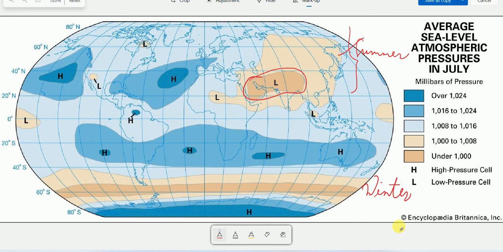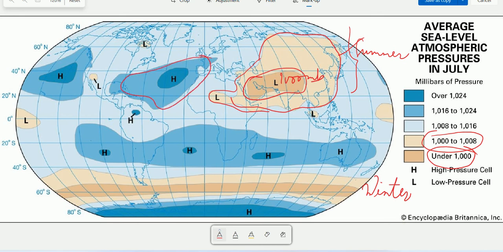So here the pressure condition is under 1000 millibar. And again it is surrounded by another low pressure condition ranging between 1000 to 1008 over Africa also, including India. Then over the oceans, in summer we find high pressure over the Atlantic Ocean, then the Pacific Ocean also. This is the equatorial region.